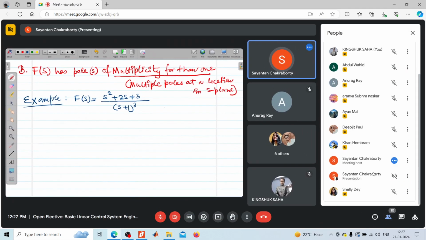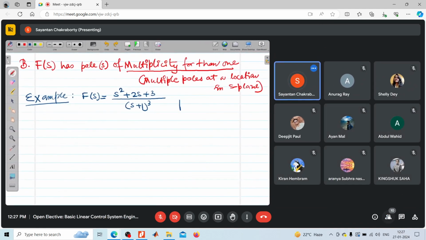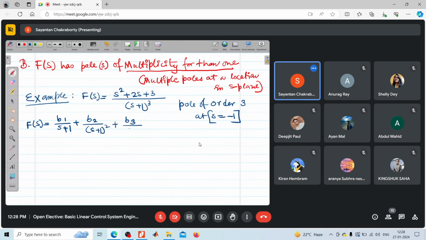Since here I have a pole of order 3 at s equal to minus 1, order 3 or multiplicity 3, we can write Fs in this scenario as b1 by s plus 1 plus b2 by s plus 1 whole square plus b3 by s plus 1 whole cube, and now b1, b2, b3 are to be found out.